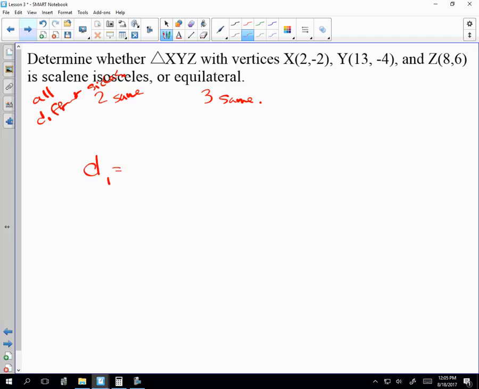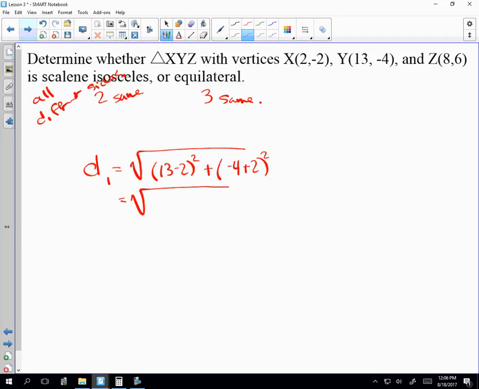So distance 1 between x and y, the square root of 13 minus 2 squared. Remember, we can do the x's in either order when we subtract, plus negative 4 plus 2, because I'm subtracting a negative value, so that makes it a positive term.